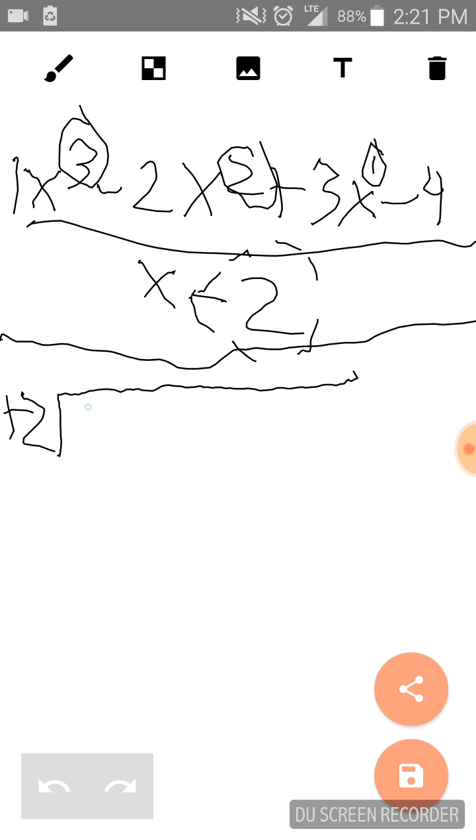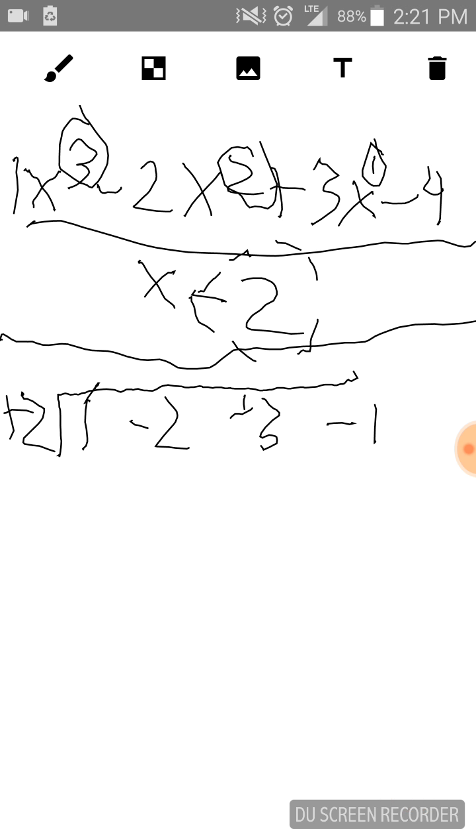First, the cubic, that's going to be 3. Next is going to be negative 2. Next number is the square term, positive 3, and last but not least is the lonely negative 4.